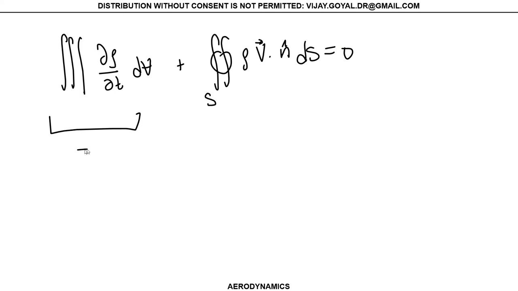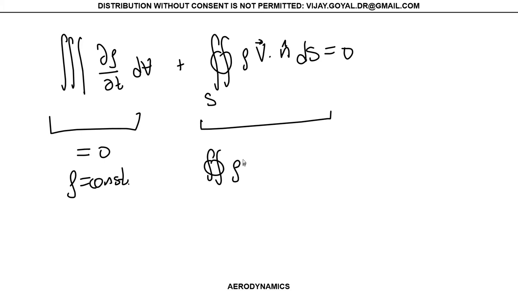The first term is equal to 0 because rho is constant, so it's incompressible flow. And this is the only term that remains. So this is equal to rho V dot n dS equals 0.